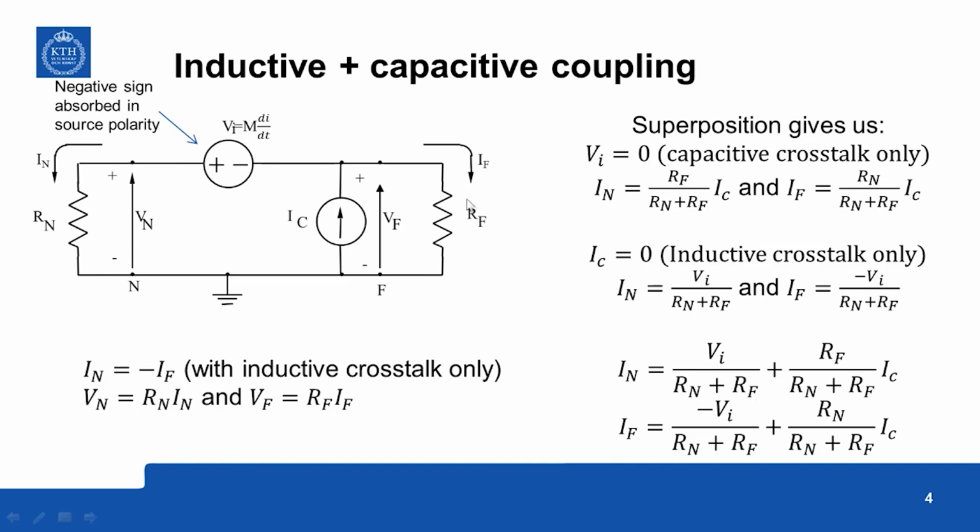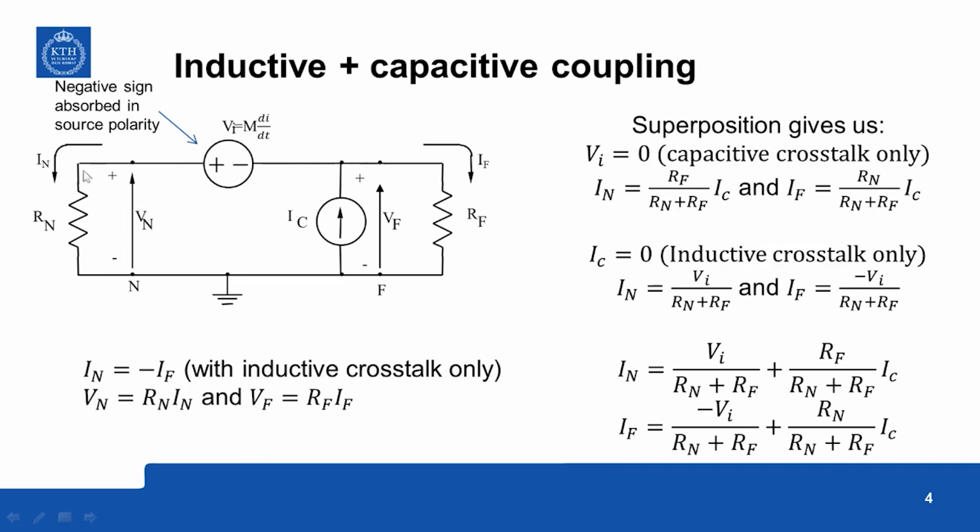Now for finding the voltage across the near end Vn and far end Vf, we can apply the superposition theorem of circuit analysis. So let's say Vi equal to 0, that is only the capacitive crosstalk is available.